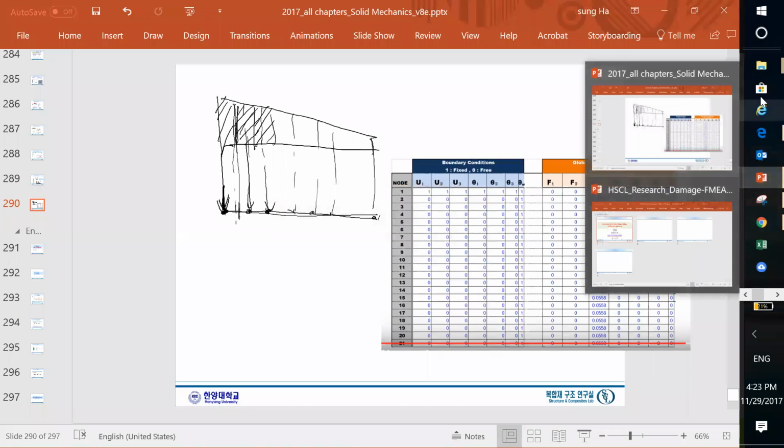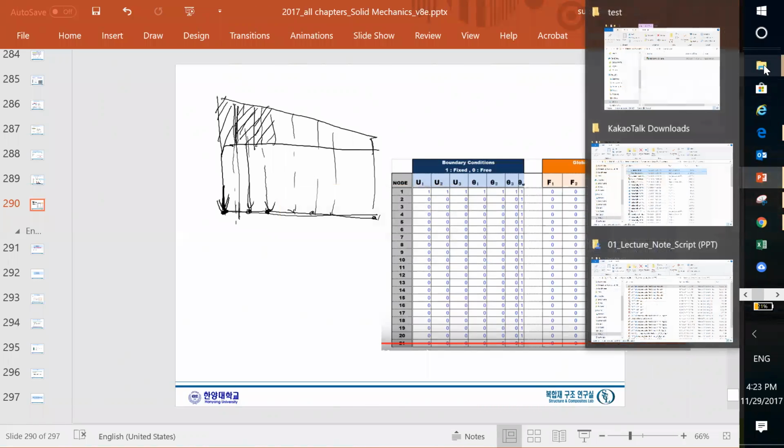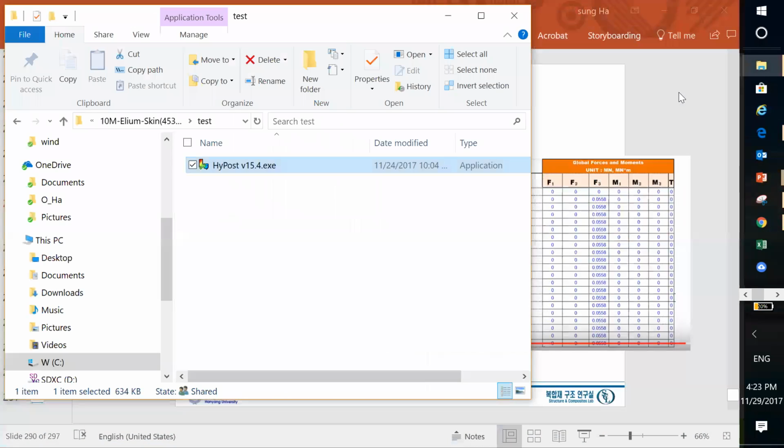Okay, all cases are from current research projects which our group is doing right now with companies, including a Brazil company, French company, German, and Korean.